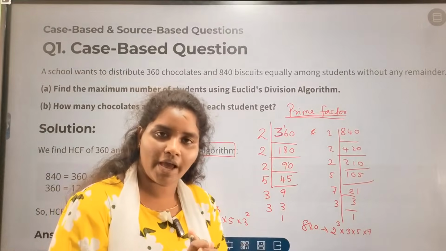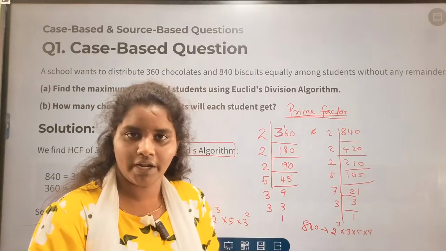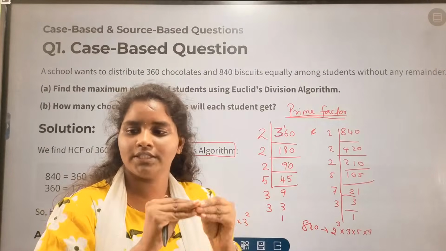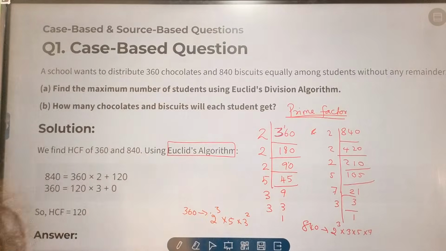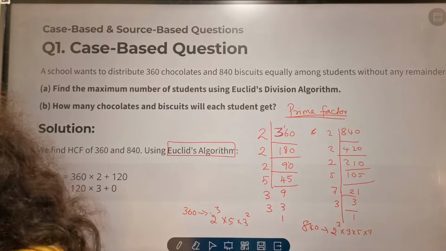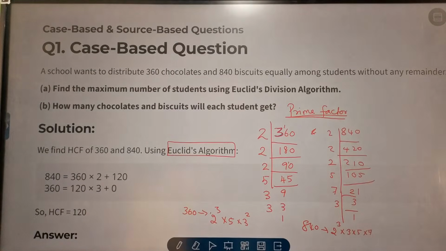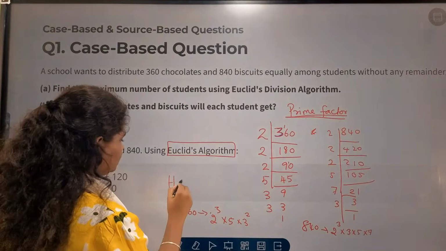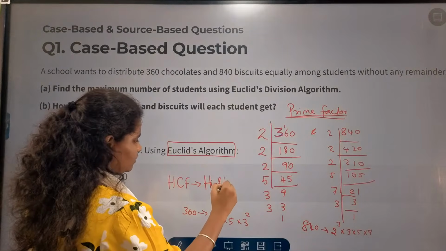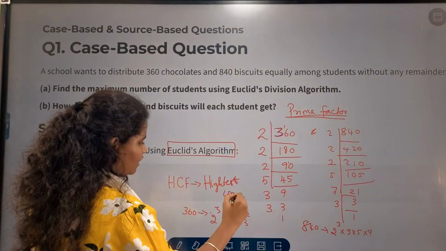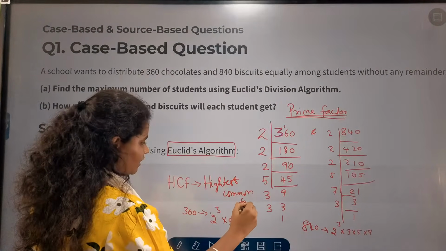So we have to find the HCF value, right? What is the abbreviation of HCF? HCF is the highest common factor, right?